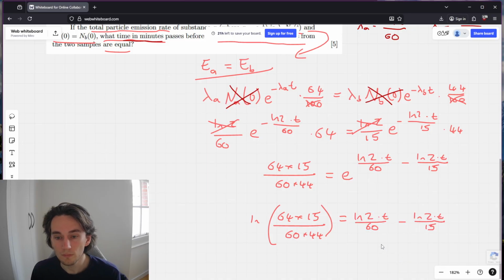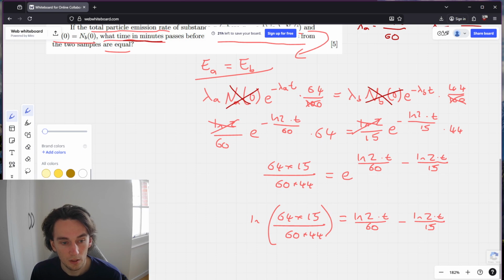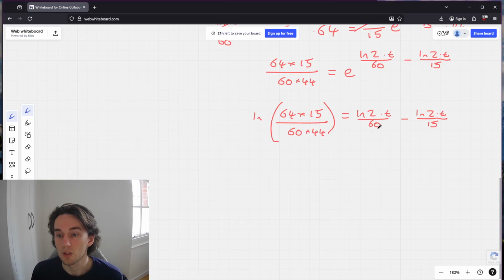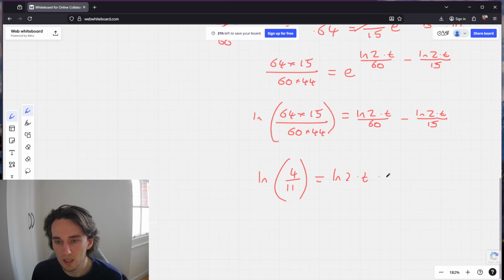Fantastic. Cool. And then from here we can continue solving, can't we? Just some couple more reasonably standard algebraic steps. So here, for example, ln2t, we can probably factorize out. So this whole bracket here, I'm cheating because I've done this question in advance. I know that's actually just ln of 4/11. That's how that simplifies down. Equals ln2 times t times 1 over 60 minus 1 over 15.